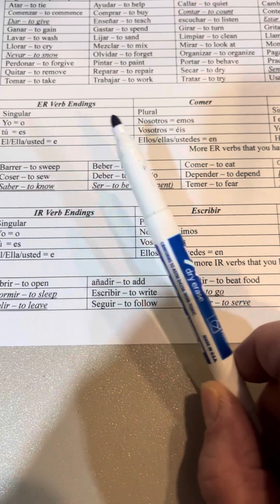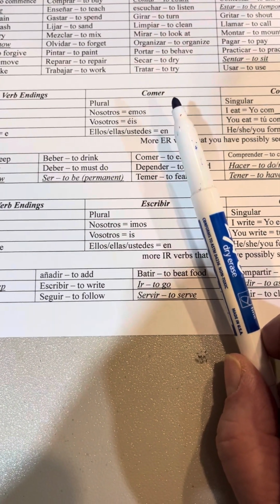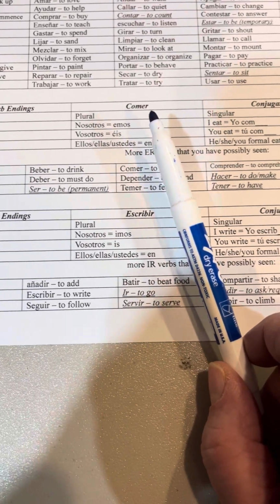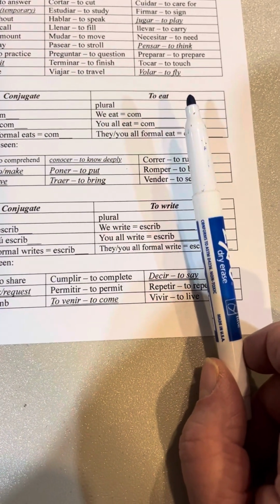So if a verb ends with an ER, such as comer, I'm not sure if you remember what comer means, but it means to eat in the infinitive form.